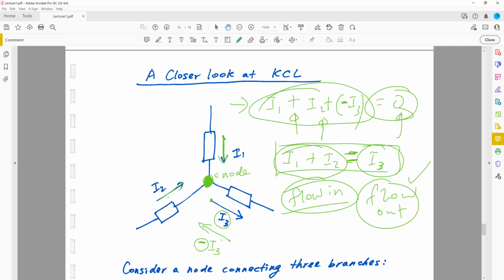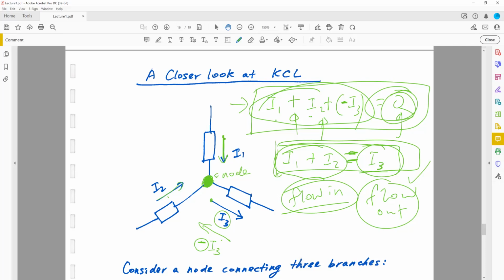In the first equation, I can say the algebraic sum of all the currents, I1, I2, and negative I3, going into this node is equal to 0. But in the second equation, I changed the context a little bit.